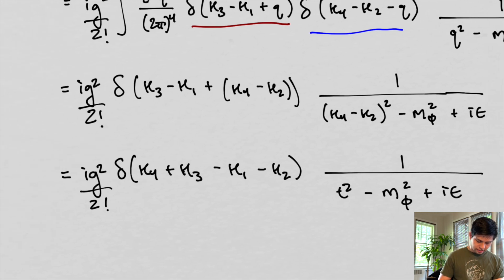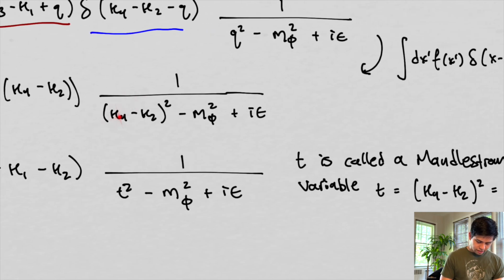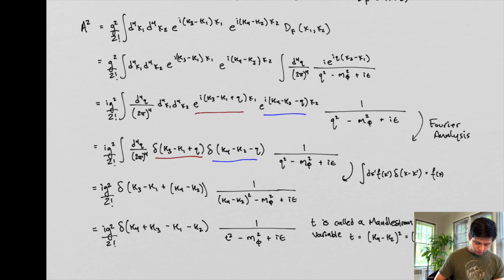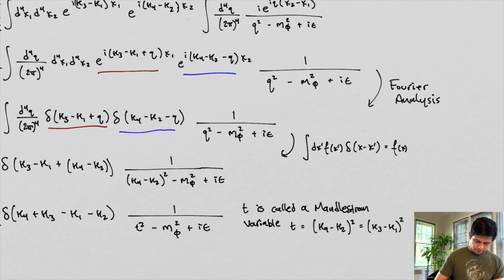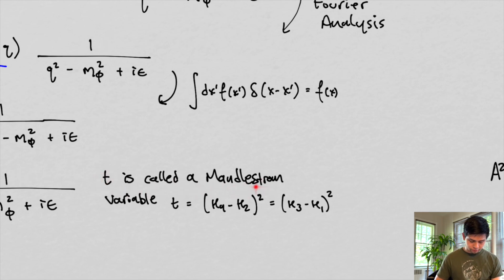So we come down here to this point. So everything out here is pretty much the same as right here. We change this guy to a t squared, and everything stays the same. So essentially our answer has come down to this point down here. And t we're calling a Mandelstam variable, right?